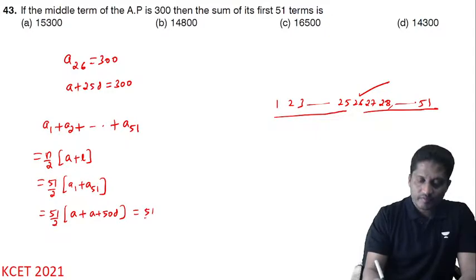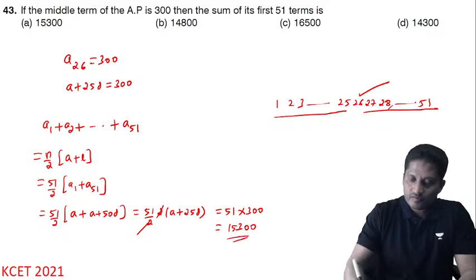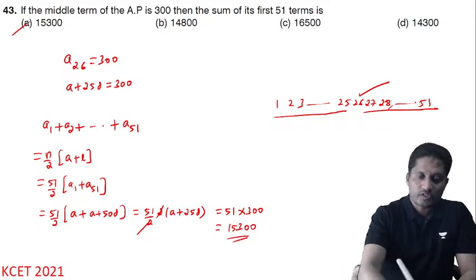This is equal to 51 by 2, take 2 common, A plus 25D. 2 and 2 cancel. This is equal to 51 into A plus 25D, which is 300. 3 ones are 3, 3 5s are 15, with double 0. 15,300. First option.